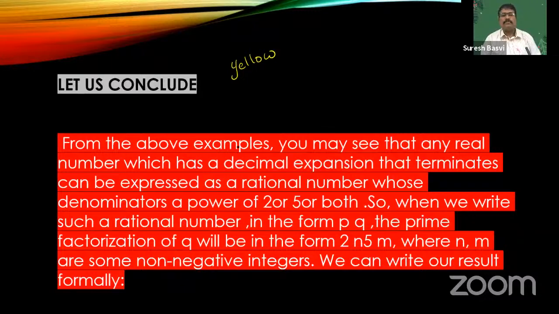So from the above examples you may see that any real number which has a decimal expansion that terminates can be expressed as a rational number whose denominator is a power of 2 or 5 or both.